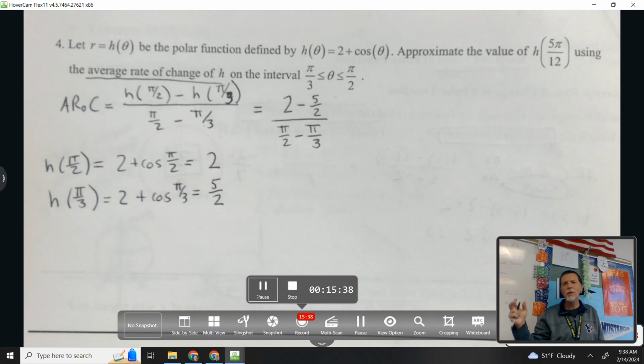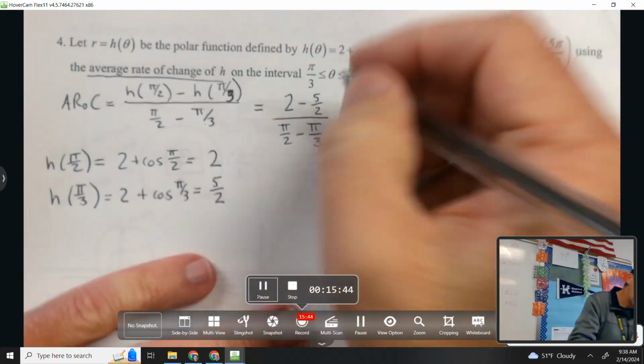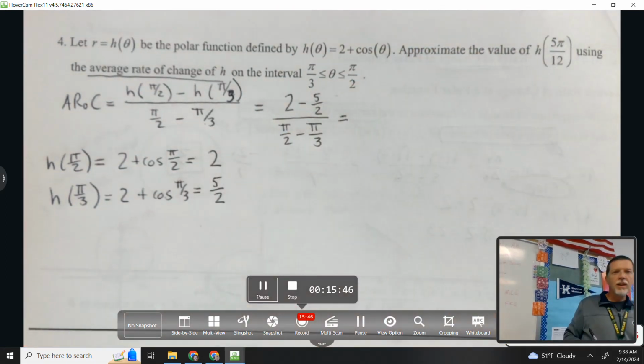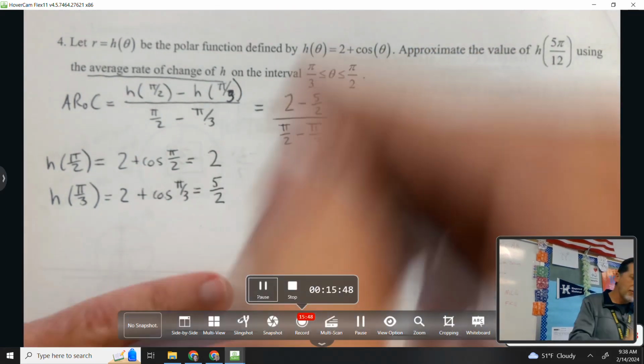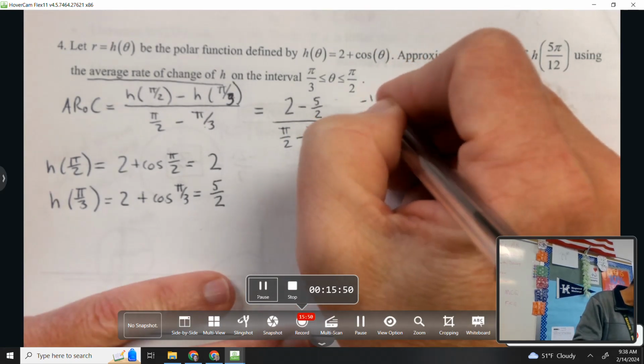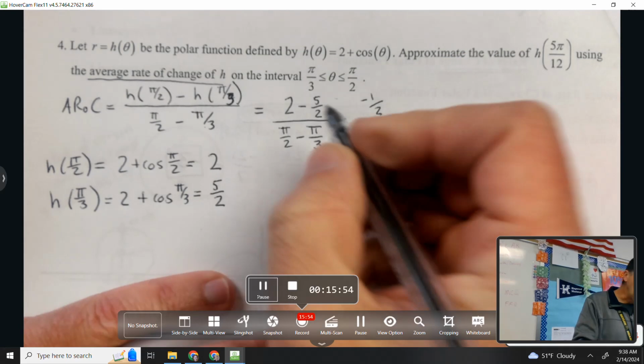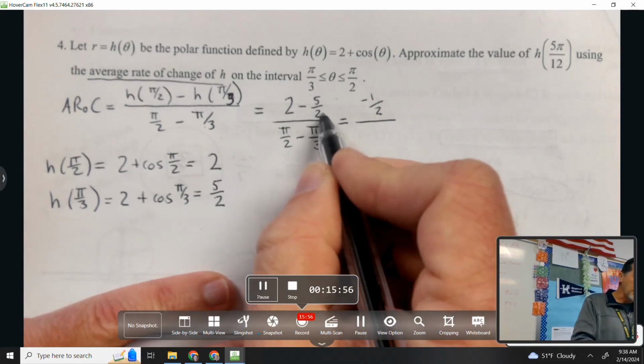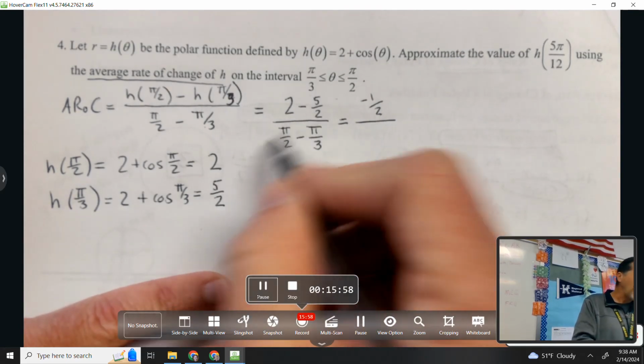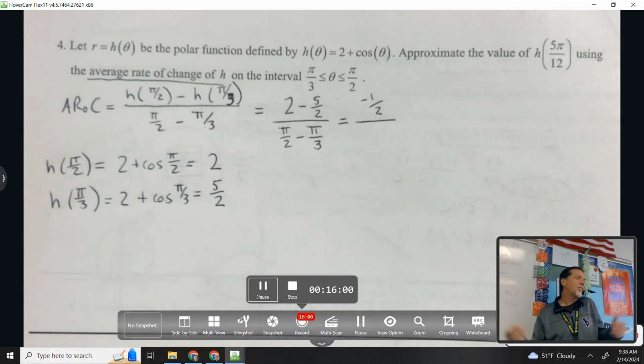There is one other thing you could do, but if nobody sees that other thing, then let's just keep it simple here. So 2 minus 5 halves would be negative 1 half. The other thing you could do is multiply the top and bottom by 6. That would cancel everybody. You wouldn't have to keep it, change it, flip it, because you'd get rid of the fractions.